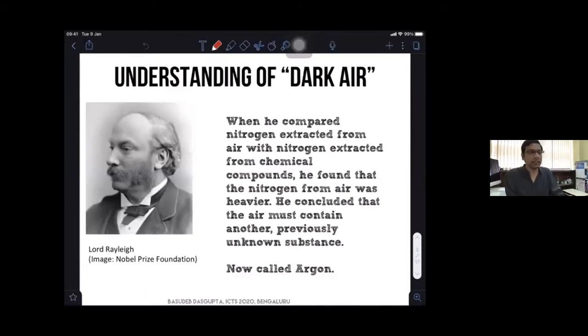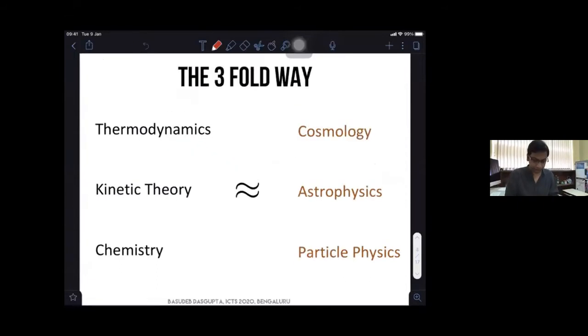The funny thing is that even before all of this discovery happened, there were others, spectroscopists, who had done spectroscopy of air, and they had seen unexplained lines in this air, which correspond to argon. Of course, argon is an inert gas, but at sufficient temperature, you can excite it and you will get spectroscopic lines. So you see, there are three ways of studying gases, if you will.